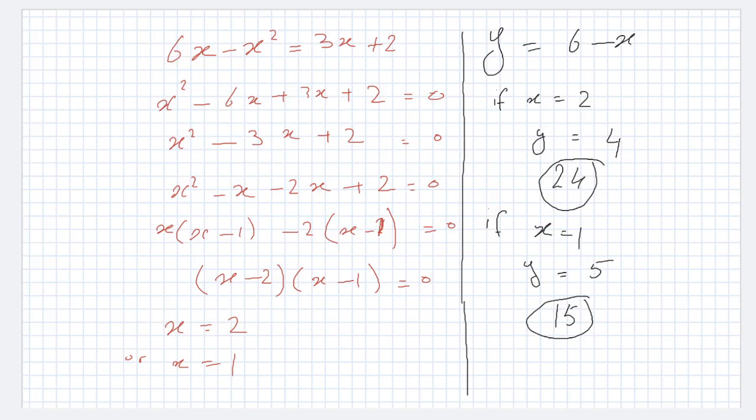We can check it. So the sum of the two digits should be 6. So 2 plus 4 is 6, 1 plus 5 is 6, and 1/3 of the number, if we multiply these two numbers, it should be 1/3 of the original. If we multiply 2 times 4, it's going to be 8. 8 is 1/3 of 24.